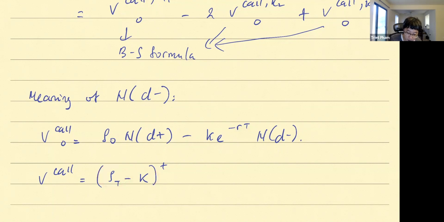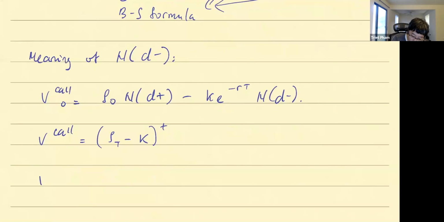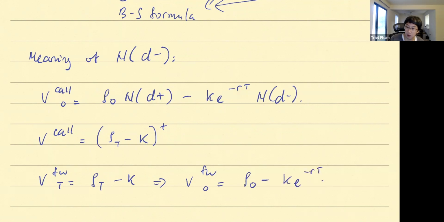Because if things are linear, if the forward option is linear, then it's just like this. For a non-linear combination like this, the Black-Scholes formula says it's pulled back to there, pulled back to here, but of course it's not linear.